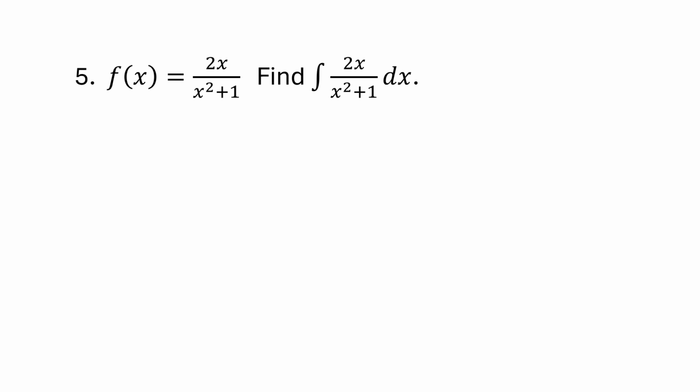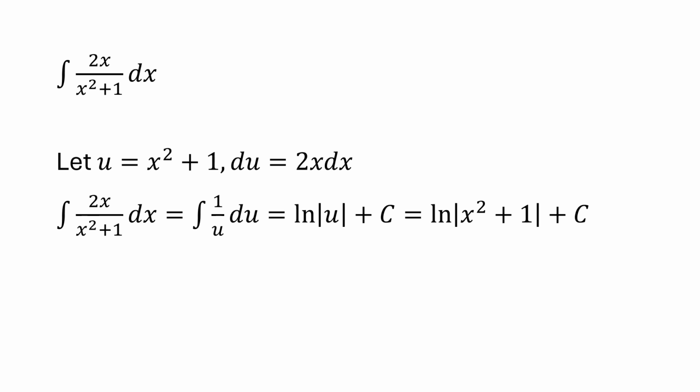Number 5, the integral of 2x over x squared plus 1. Find the integral 2x over x squared plus 1 dx. So I'm going to let u be x squared plus 1, because I can see the derivative of u is 2x dx.